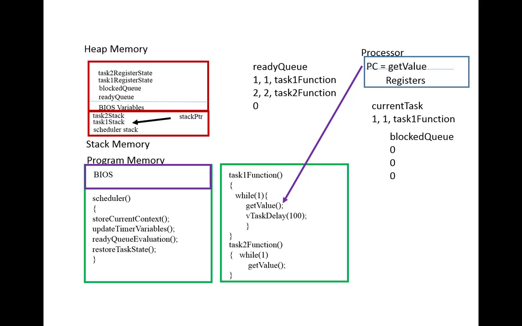It then looks at the ready queue to decide which task should now be running on the processor. Once that's determined, it restores that task state, which is the register set, the stack pointer, and the program counter, and then that task begins to run. And it'll run again until the next watchdog timer interrupt.